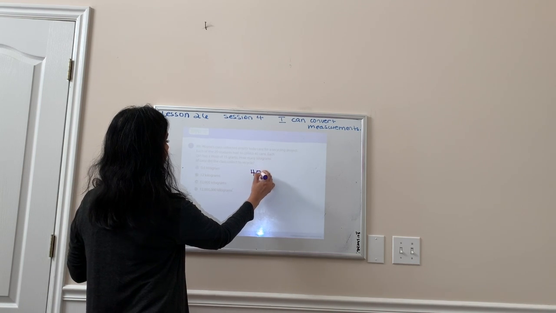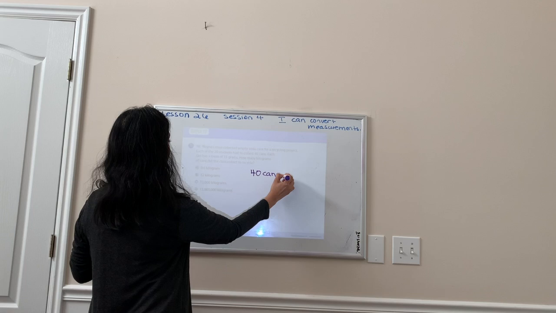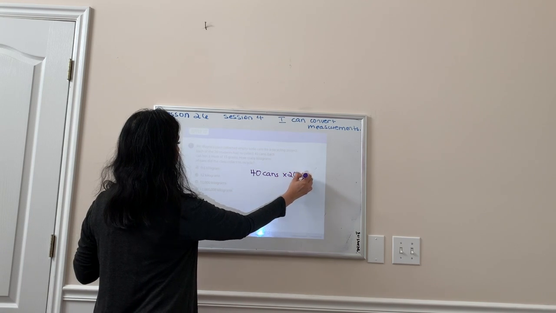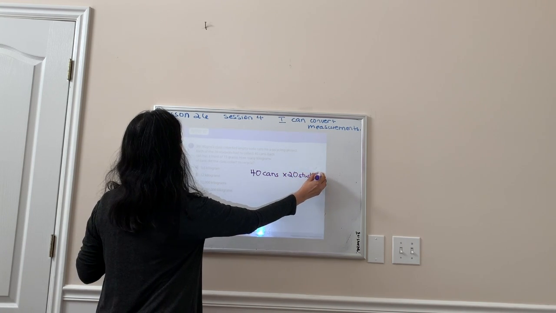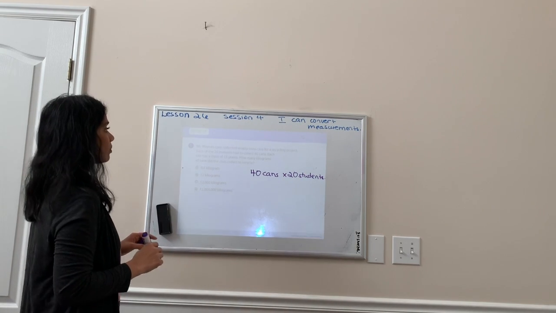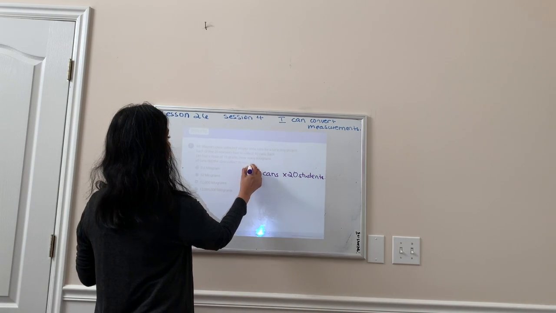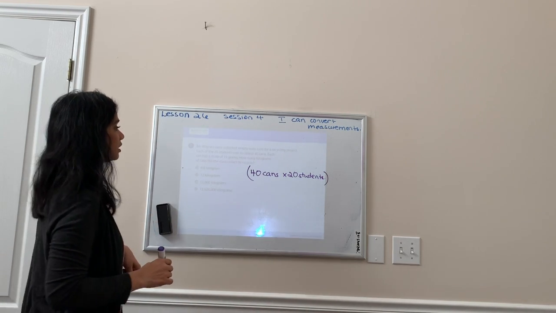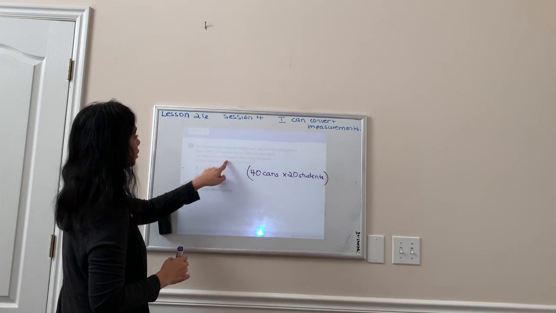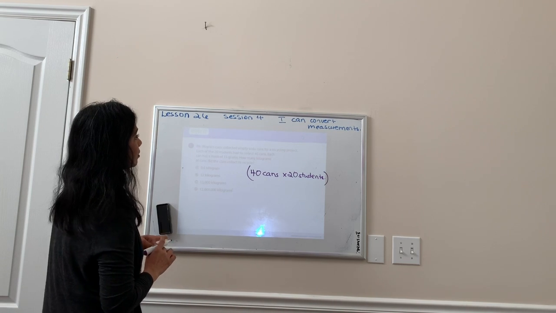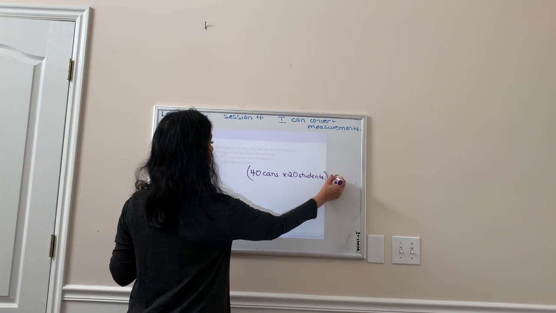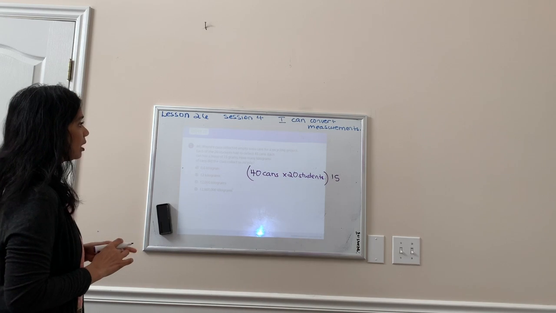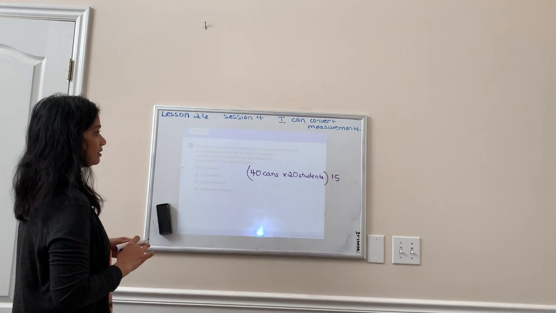So 40 cans by 20 students. That'll give us the total number of cans. And each can has a mass of 15 grams, right? How many kilograms did the class collect?